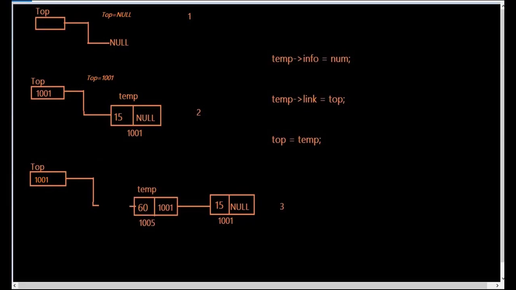Top should always store the address of the first node in the list, and when a new node is added at the beginning of the list, then that node becomes the first node. So the value of top needs to be updated, and top is assigned the value of temp, and the value of temp is the address of the new node which becomes the first node. So top now stores the address of the first node in the list.